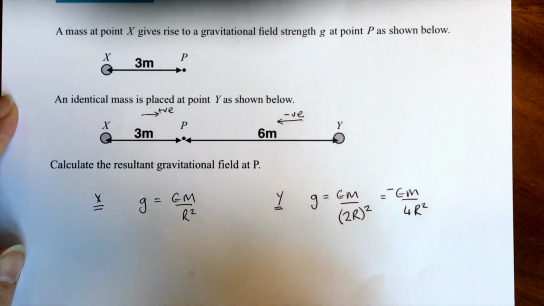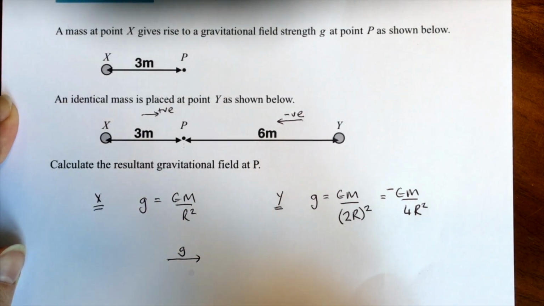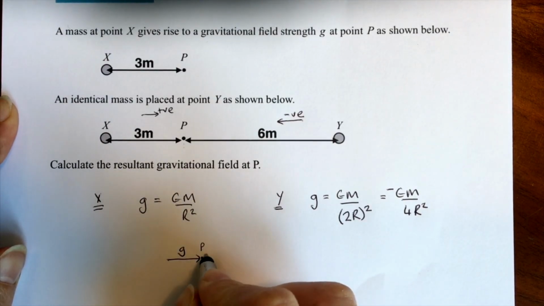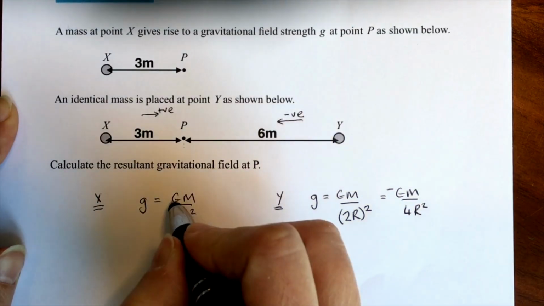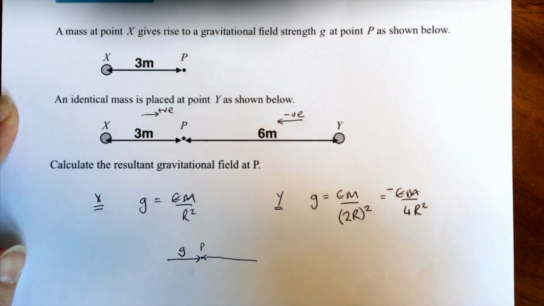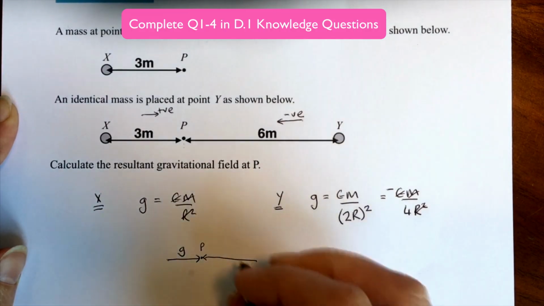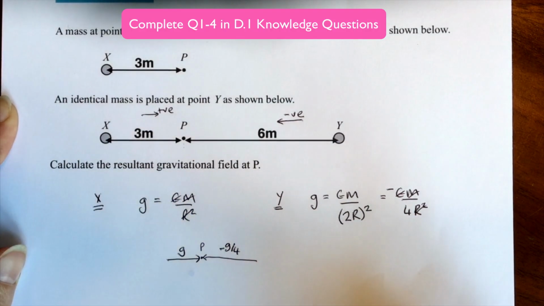Therefore, in this direction we have a magnitude of G felt at P. And in this direction, we have a magnitude of, well, wait a minute, the G's and the M's can cancel out. The r squareds can cancel out. So we have a magnitude of G over 4, minus.